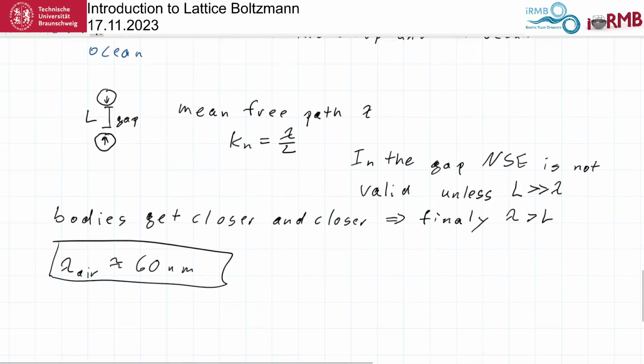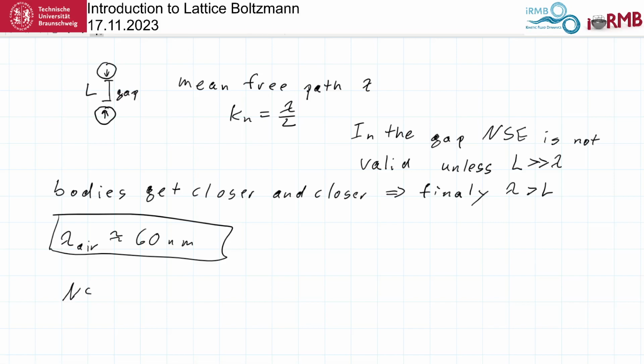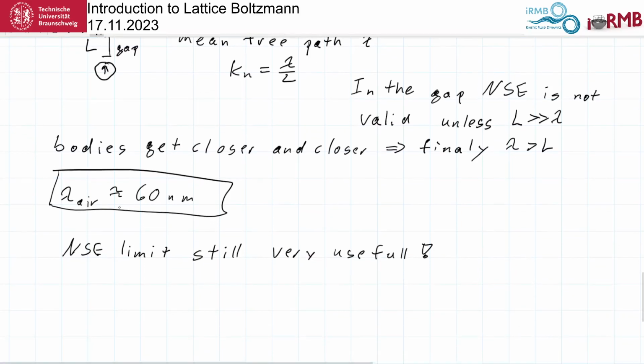Okay, and therefore, you see the Navier-Stokes limit is still very useful. And this is why we will focus for the rest of this lecture series on the Navier-Stokes limit of the Boltzmann equation.